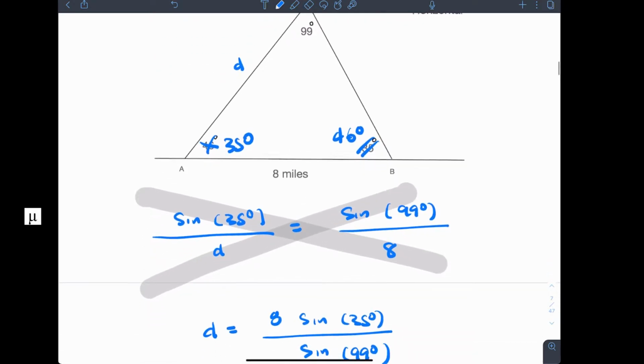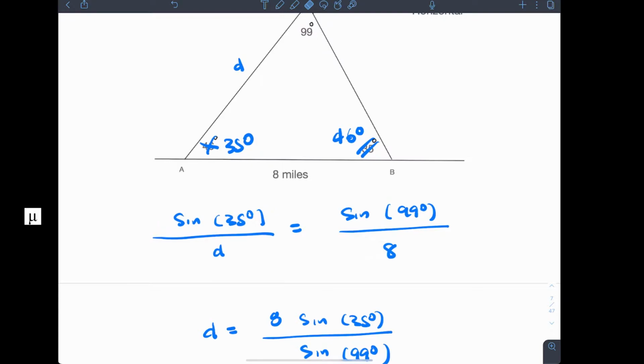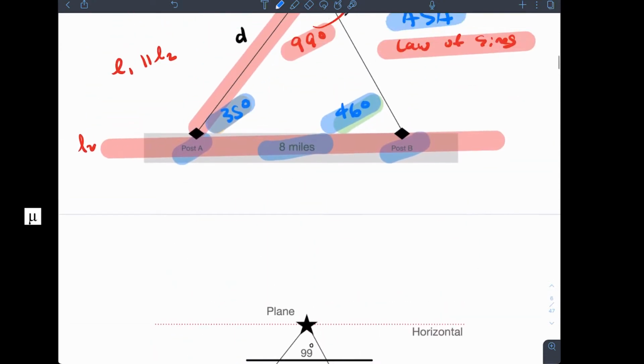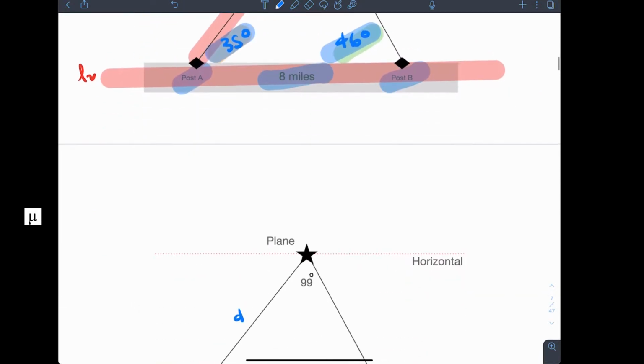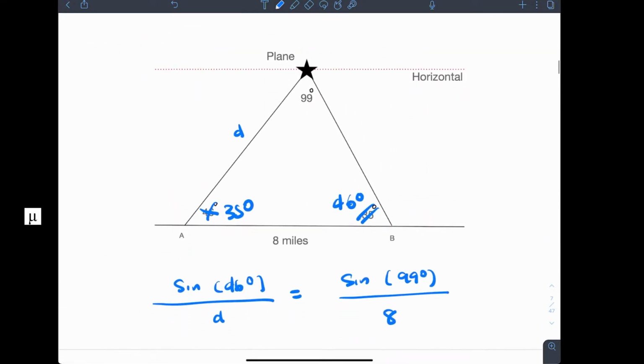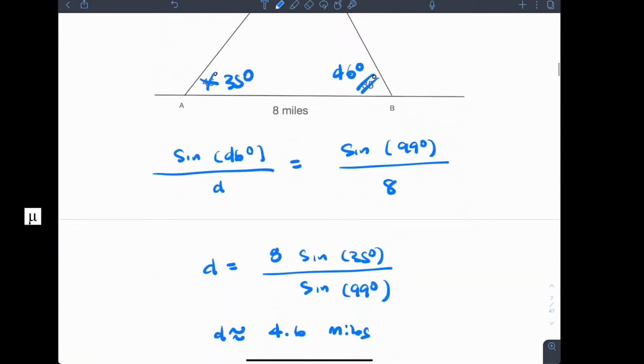Good job. Somebody awake. Because I'm not awake. So that's going to change things. Right? So D, this is now going to be 46. Okay? So the observation was, hey, that's 35 and 46. And you're right. Thank you so much. So that's yet another thing I got to do when I get home.